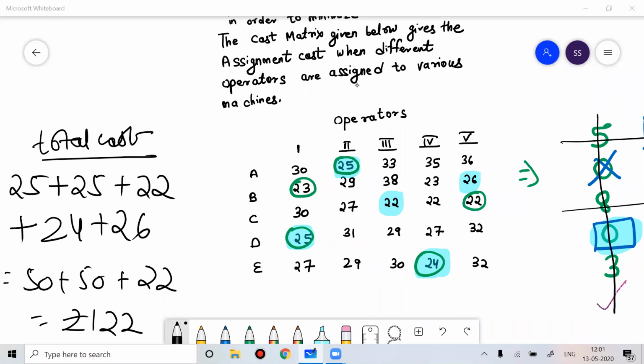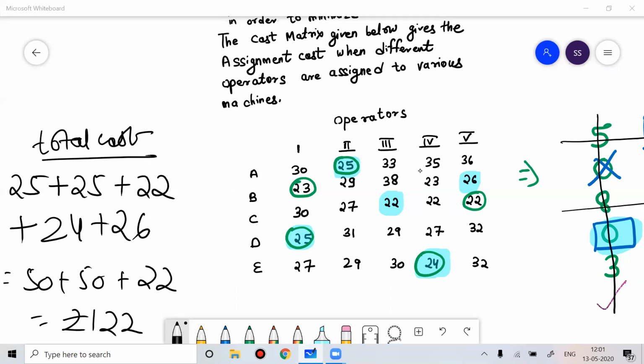They are two different things. You don't have to confuse between them. If you see 25 repeated, it is a cost to do the work. To work on machine D, job one requires 25 rupees. To work on machine A, job two requires 25 rupees. So there is no relation between the first column 25 and the second column 25.